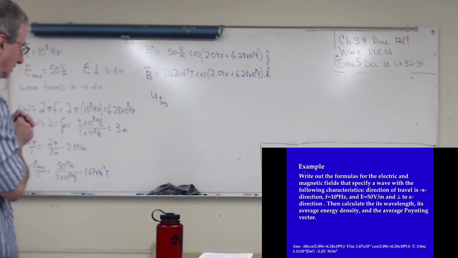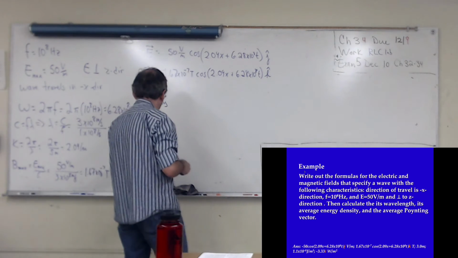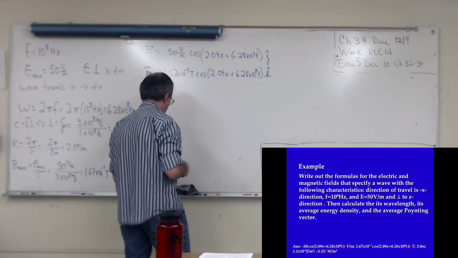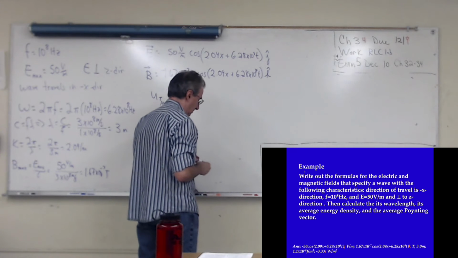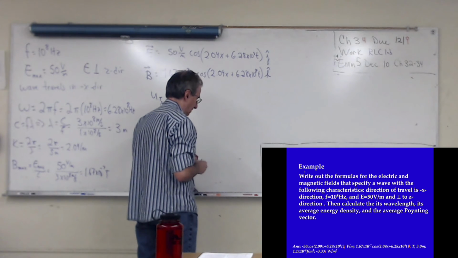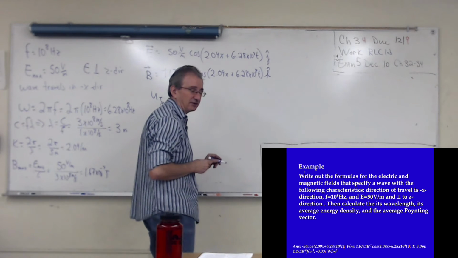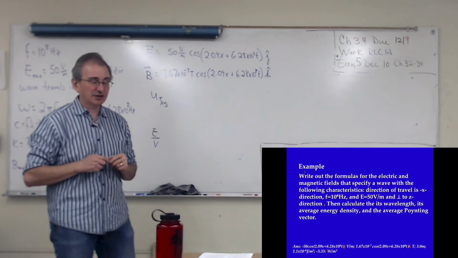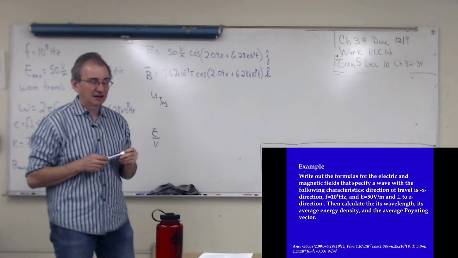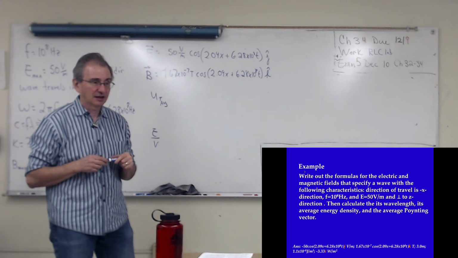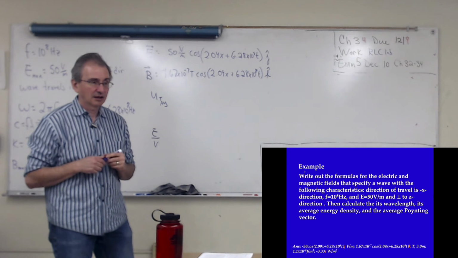Okay. That's what I thought, but then I used the average energy equation and got it right, and I didn't know why. The average energy or average energy density? Average energy, just like that, U total average.